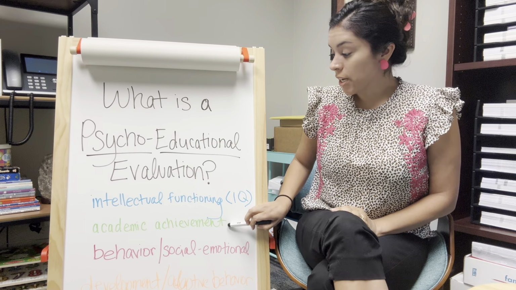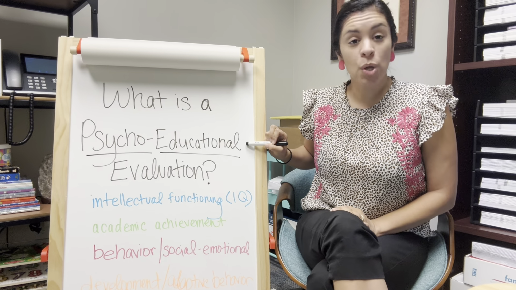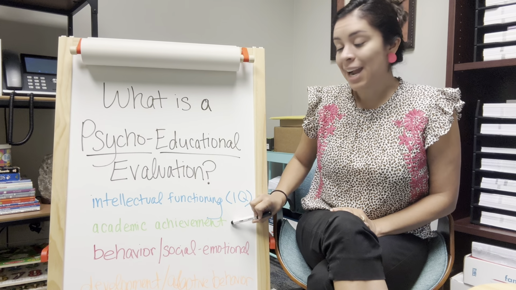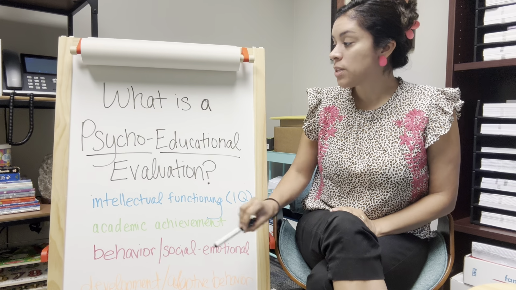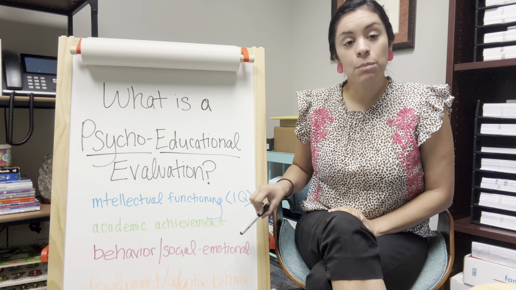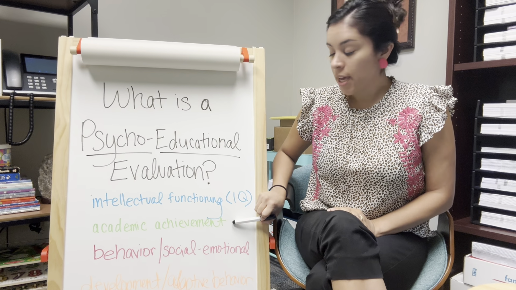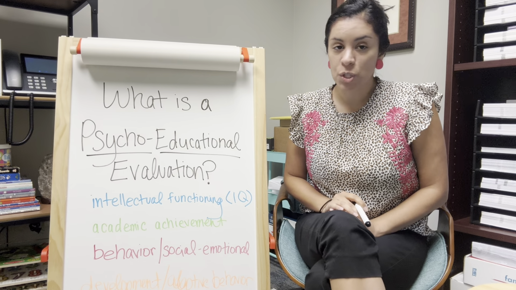The next area that is included in almost all psychoeducational evaluations is an academic component, because we want to see how the child's learning and behavior is affecting their academic skills. And we can get academic achievement from a variety of different sources.